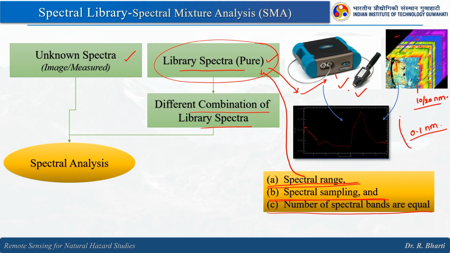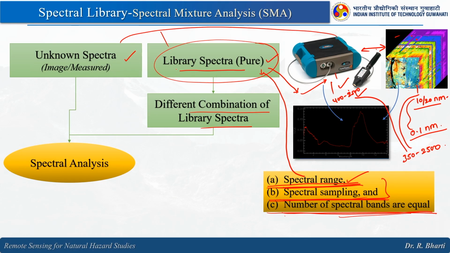So, you have to take care of the number of spectral bands, the sampling, and the spectral range. Let us say here it is from 350 to 2500, there it is 400 to 2500. So, you have to match this spectral range, you have to match the spectral sampling, right, and once you do that, the number of spectral bands will be equal for both measurements. Then these two can be used together, and then this spectral analysis can be done.